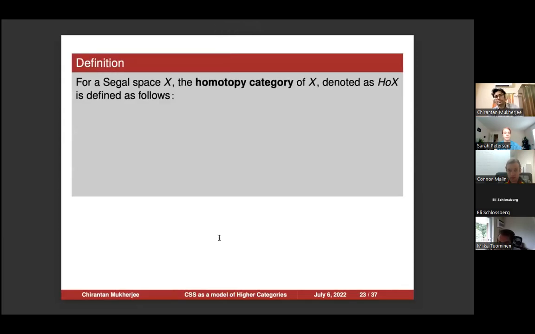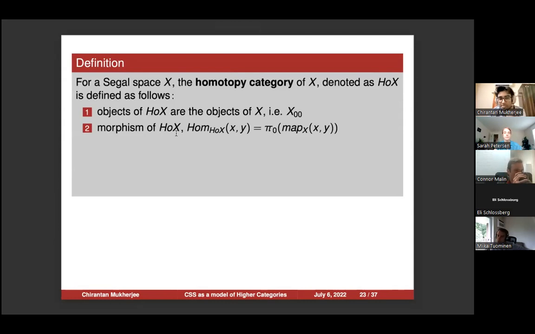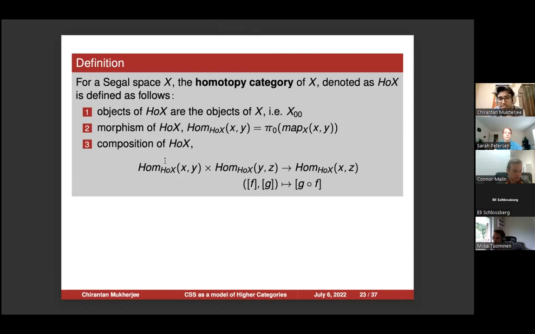To do so, first, let us define the homotopy category on X, which we'll denote by ho of X. The objects of ho of X are the objects in my underlying category X. Morphisms of ho of X are defined as follows: if I have two objects X and Y in ho of X, then the morphisms between X and Y are the set of path components of the mapping space between X and Y. And composition is defined in the usual way, where if I have a morphism from X to Y and one from Y to Z, then the one from X to Z is defined by composing G and then F and then taking the class of it.